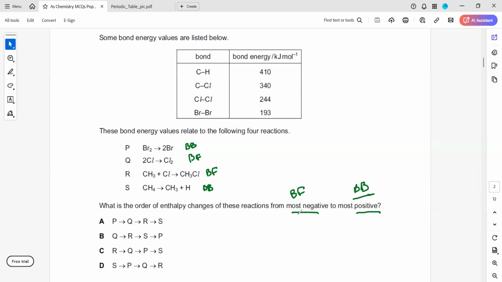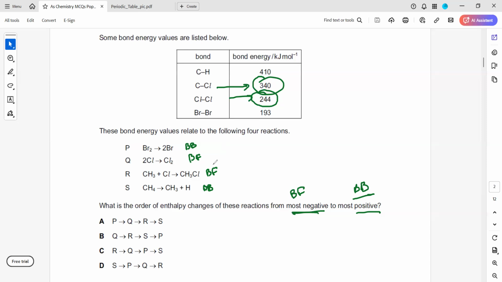So 2 of the reactions are bond breaking, 2 are bond forming. Now we want from most negative, which releases the most energy. Here the chlorine-chlorine bond is formed, and here the carbon-chlorine bond is formed. Chlorine-chlorine bond energy is 244 and carbon-chlorine bond energy is 340.